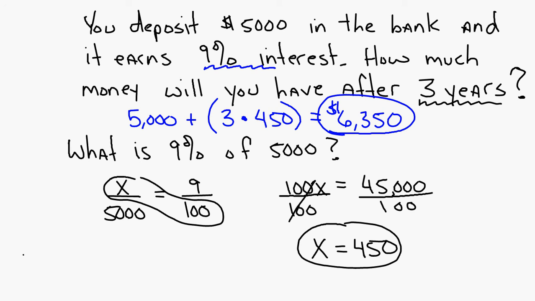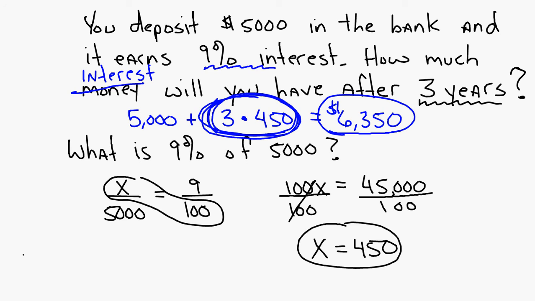Now, what if they just asked you how much interest will you have earned after 3 years in this same problem? Isn't this right here the interest? The 3 times 450?